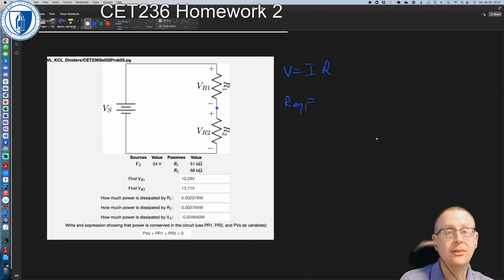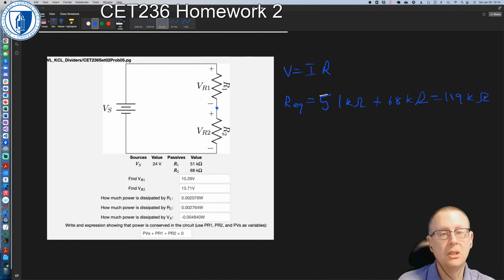Okay, sorry about that. So equivalent is, let's go with blue. 51 kilo ohms plus 68 kilo ohms, which is a total of 119 kilo ohms. So our current is V on R, which is 24 volts divided by 119 by 10 to the 3.